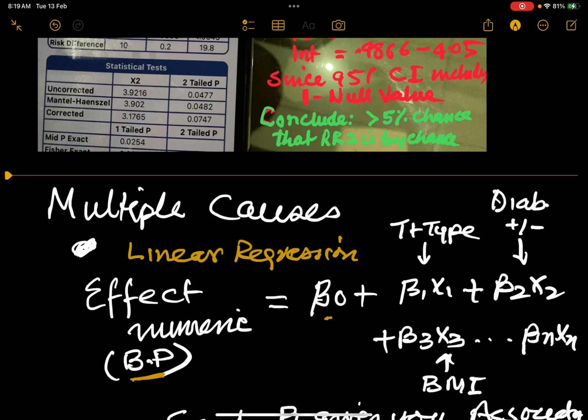So there will be some sort of a constant, a baseline risk, if you know nothing of this. But then the treatment type, the diabetes present, absent, or how much, and BMI, you have put in all these factors.